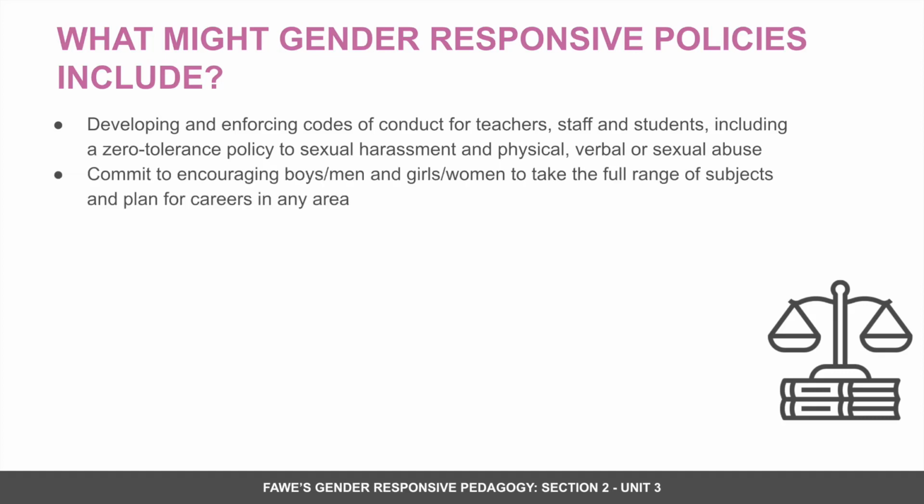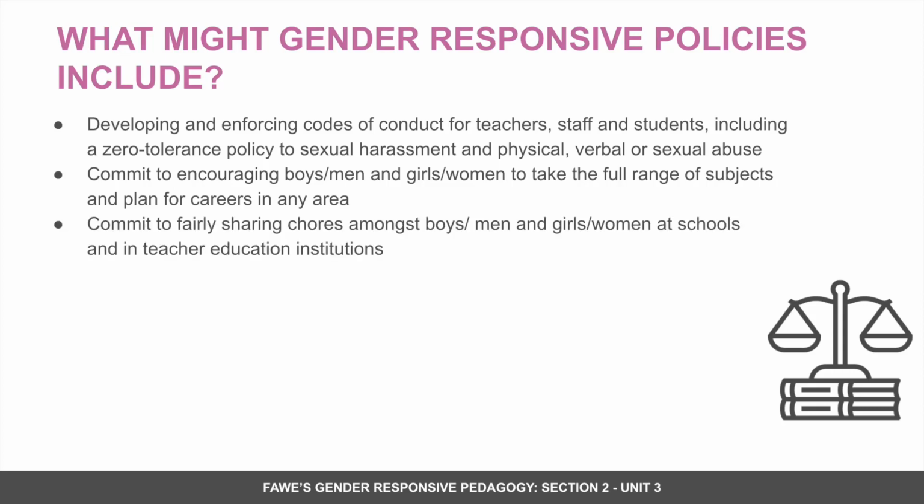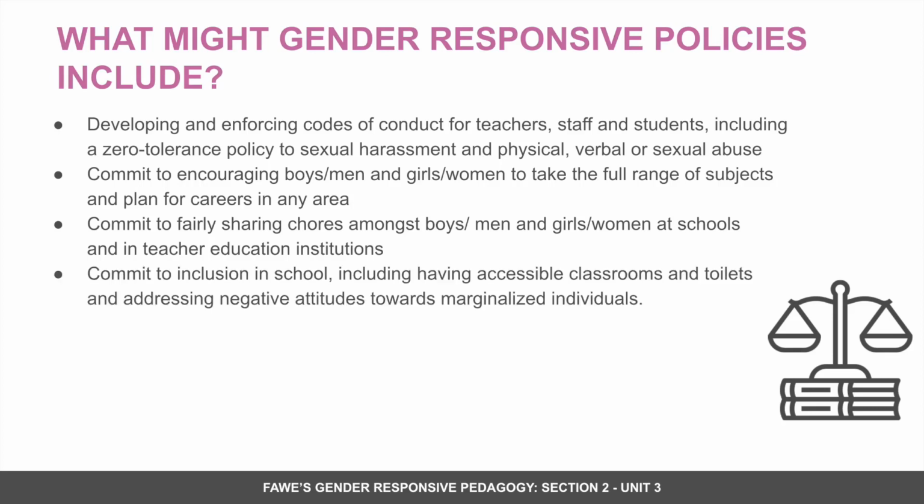Commit to encouraging boys and men, girls and women to take the full range of subjects and plan for careers in any area. Commit to fairly sharing chores amongst boys and men and girls and women at schools and in teacher education institutions. Commit to inclusion in school, including having accessible classrooms and toilets and addressing negative attitudes towards marginalized individuals.